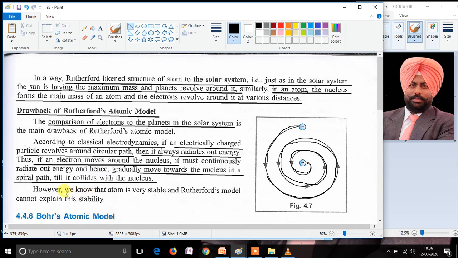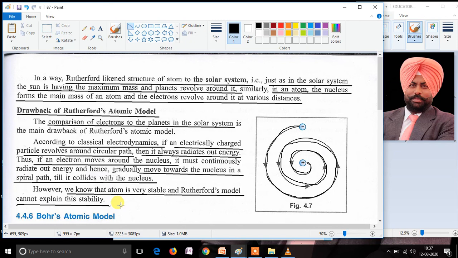As we know, the atom is very stable, and Rutherford's atomic model cannot explain how the atom can be stable, as the classical electrodynamics theory says that all charged particles revolving in a circular path should radiate out energy, and at last should collide with the nucleus.